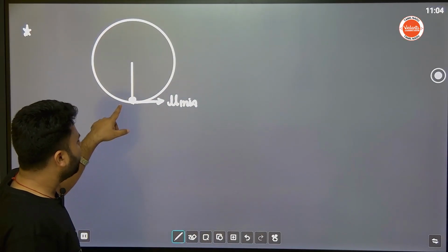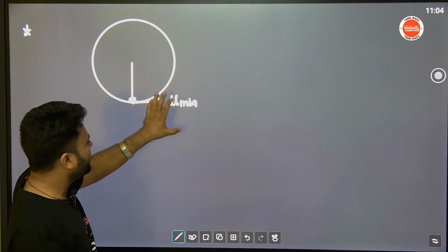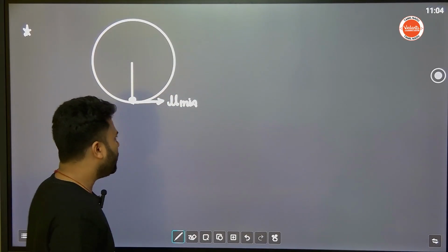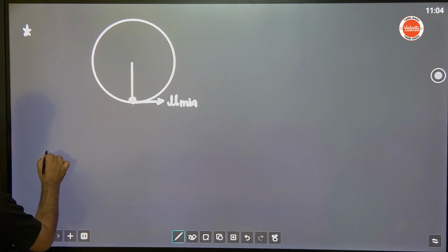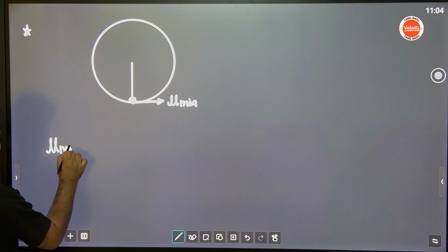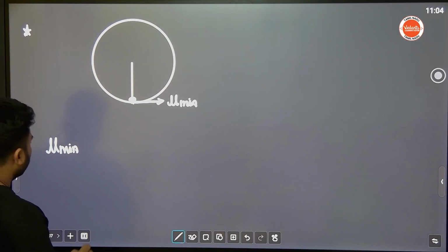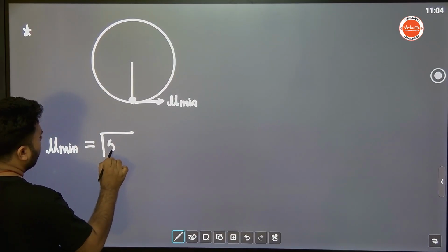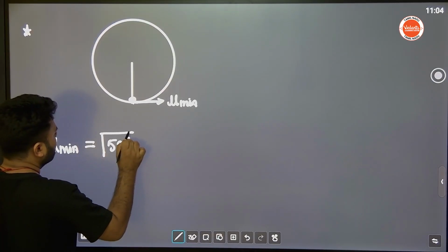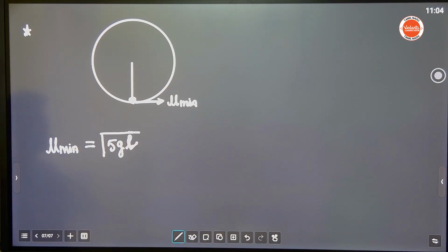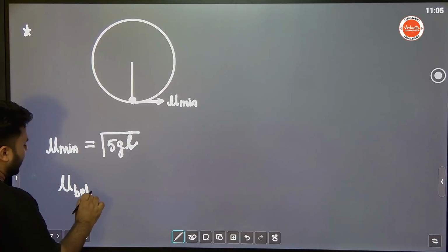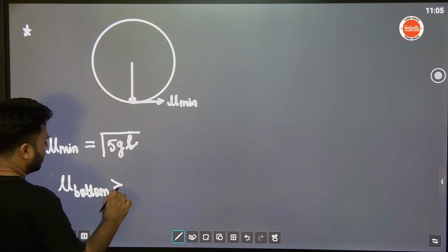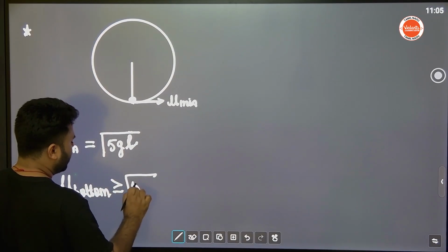So in order to perform complete vertical circular motion, what should be the minimum speed? So always remember, again I am not deriving, U minimum should be under root 5 GL. This is the minimum speed. Or you can write, in order to perform vertical circular motion, the speed at the bottom should be greater than or equal to under root 5 GL.